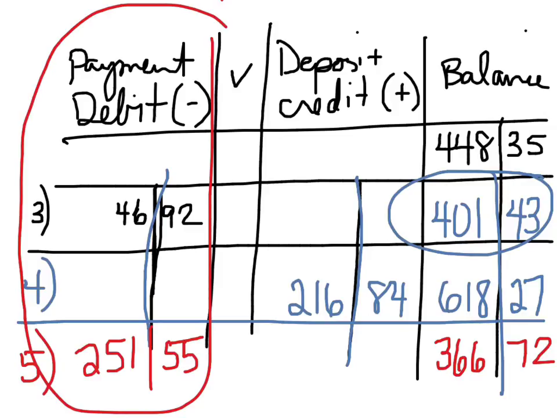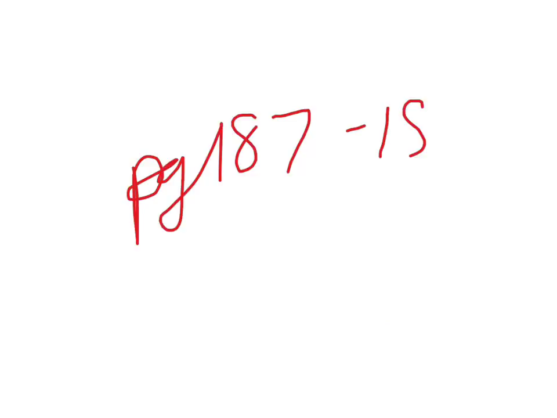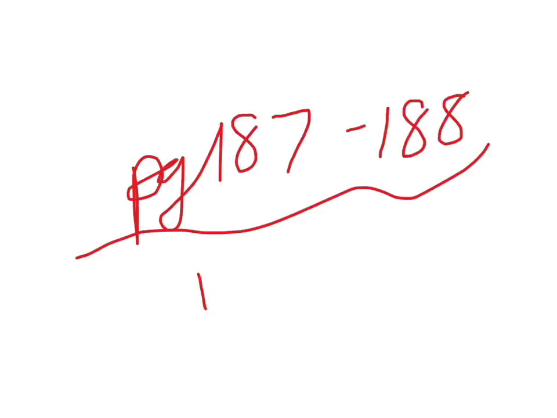That's there to help you remember that you have to add. You don't have to fill in the numbers, they are already there. You just have to figure out what the final balances are. Okay? Alright. So starting on page 187 and going to 188, or 1 through 9.